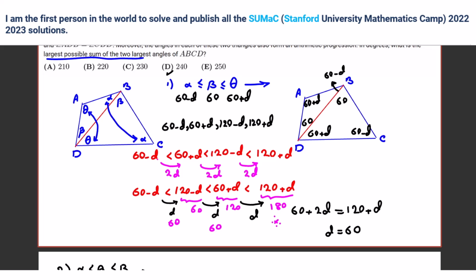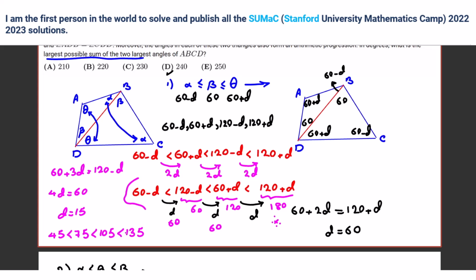And if we check this, 60 plus 2D plus 2D, 60 plus 3D is 120 minus D, right? So 4D is equal to 60, so D is equal to 15. So the angles will be 45, less than 75, less than 105, less than 135, right? Are these cases good?